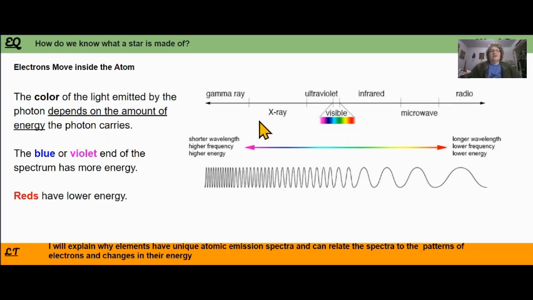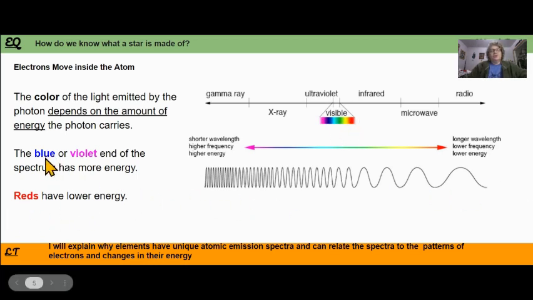And so the color of the light emitted by the photon depends on the amount of energy that the photon carries, right? So it can happen anywhere in this spectrum, right? It's called the electromagnetic spectrum. And it goes all the way from gamma rays all the way up to radio waves. And so if we're looking in the visible part of the spectrum, you would start at blue or violet. And then as you move up, the reds are lower energy, right?